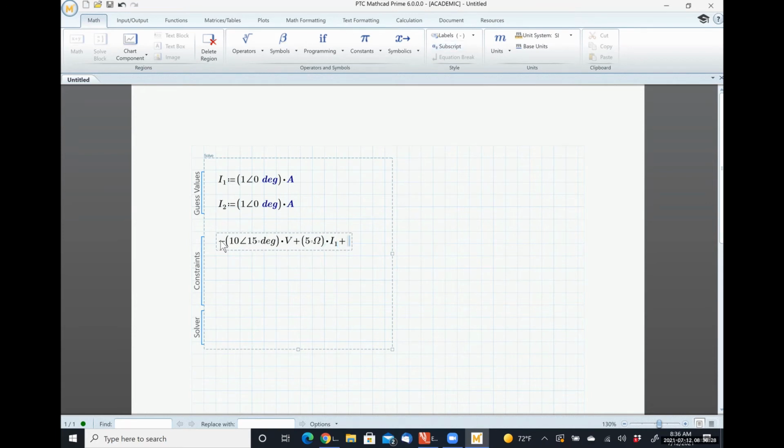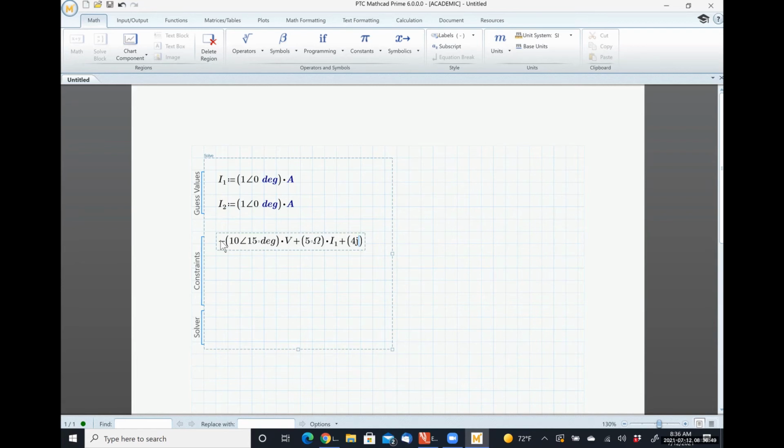Then we have, let's see. Yeah, so MathCAD won't interpret it correctly if you do J4. You would have to do 1J times 4 because it treats J as if it were a unit.